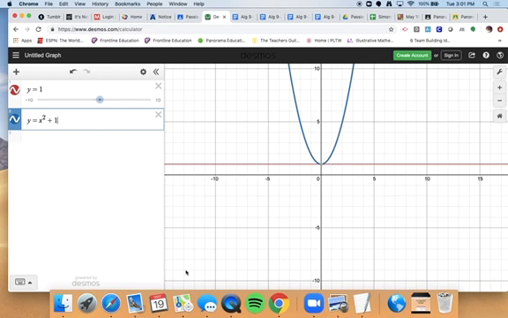All right, so if you look at this one right here, y equals 1 and y equals x squared plus 1, we have a situation where this basically is just coming down and it's touching the other line right at this point, the point 0, 1, sorry. So that is the point that if I put that into this equation and into this equation, it will make them both true.